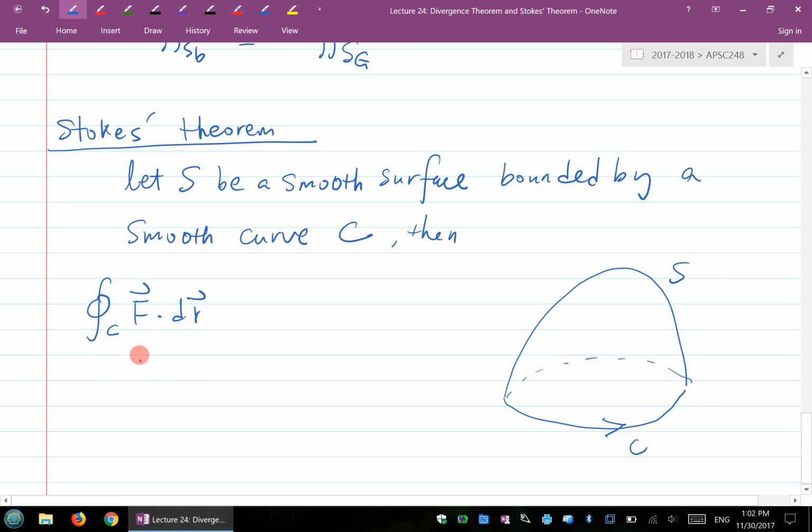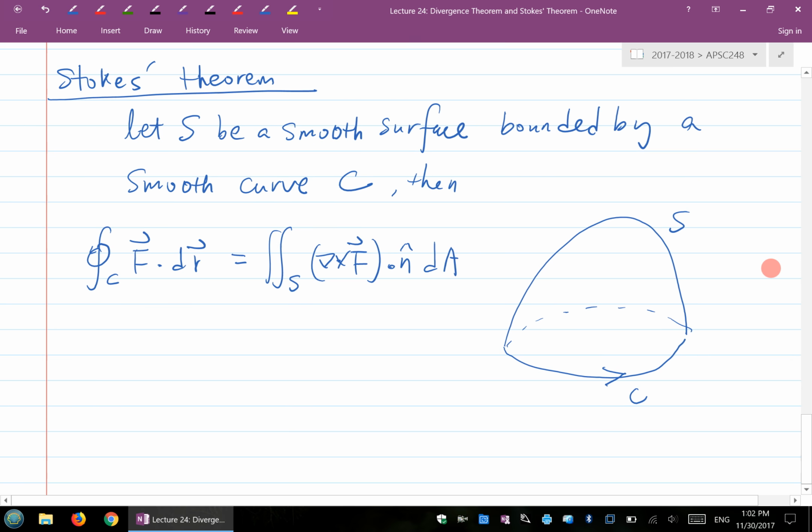And this is equal to the surface integral of del cross F dot n hat dA. So that's Stokes theorem. This is one formula, one expression.